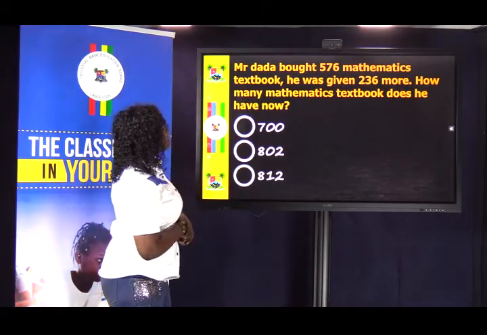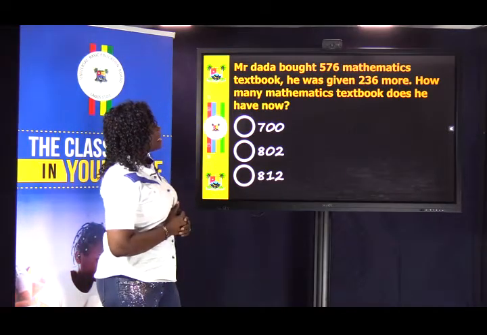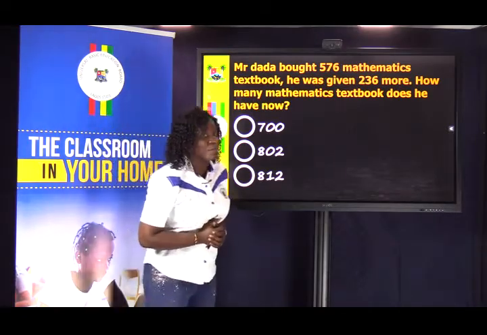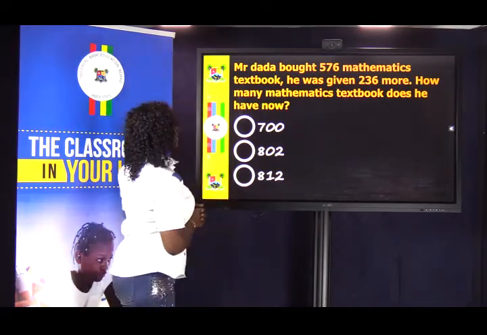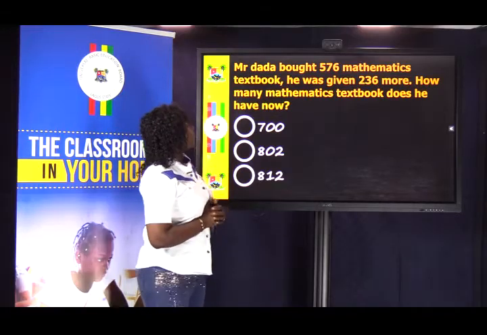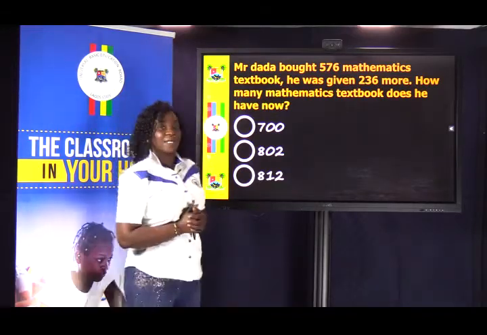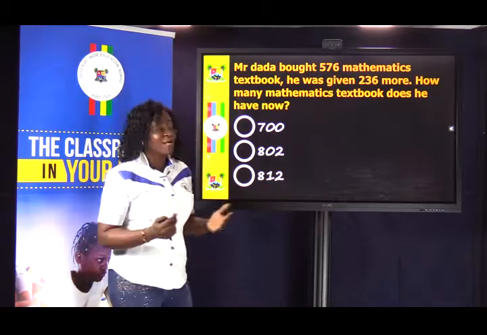Mr. Dada bought 576 mathematics textbooks. He was given 236 more. Remember, he was given 236 more. How many mathematics textbooks does he have now? Read, interpret. We have read. Now, how do we interpret?